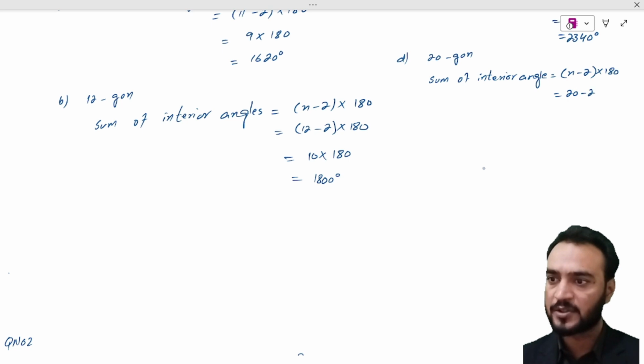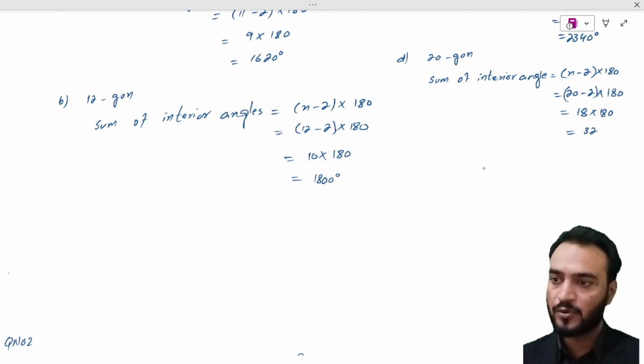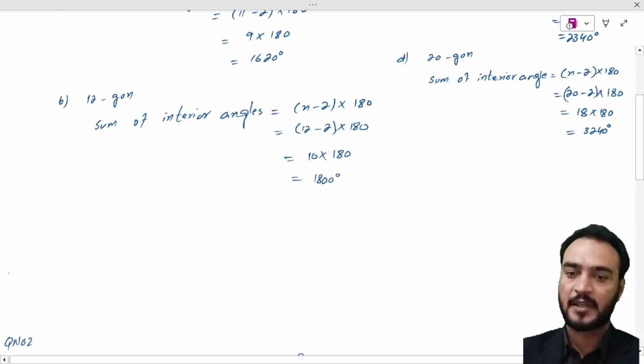So 20 minus 2 times 180. This becomes 18 times 180. Multiplying 18 with 180, we get the answer, that is 3240 degrees. This becomes the answer that the sum of interior angles of 20-gon is 3240 degrees.